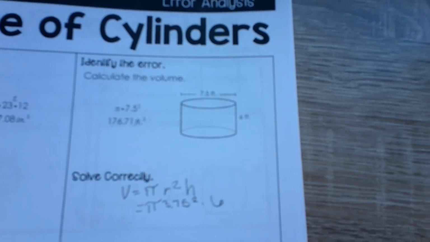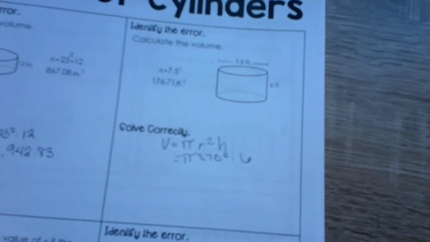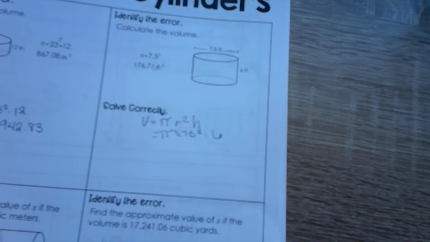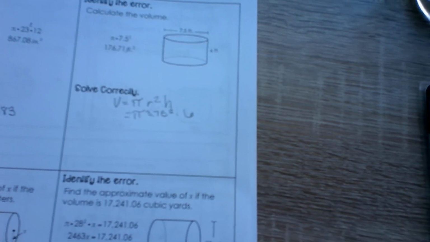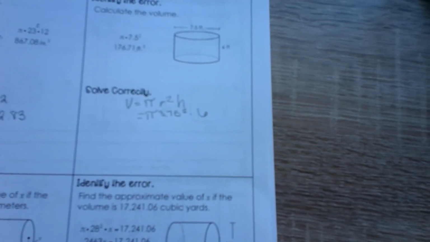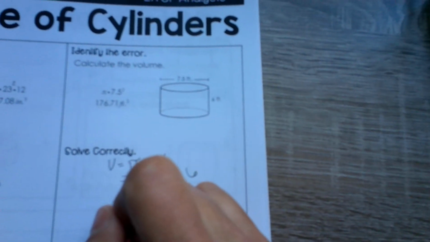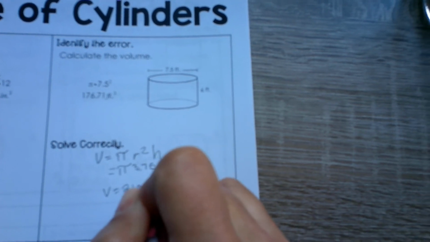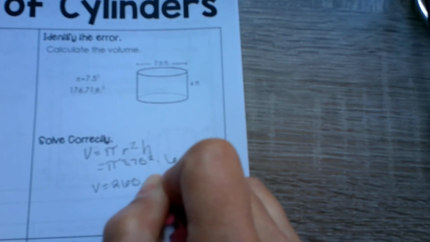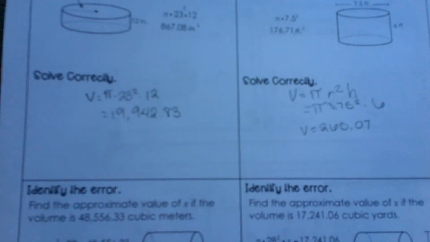They did not do that, so we'll do 3.75 squared times pi times the height, which is 6, and it's 265 and 7 hundredths.